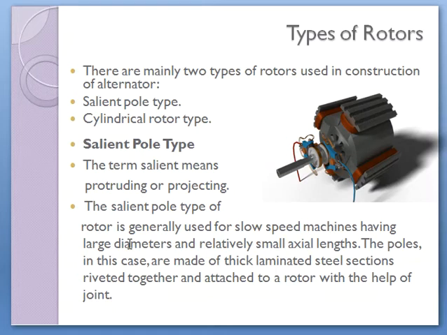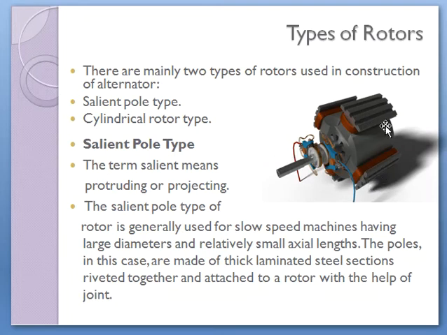And from the formula f is equal to Pn by 120, we see that if the speed of rotation is not much, then the number of poles will be large. So in case of salient pole type rotors, there will be a large number of poles.